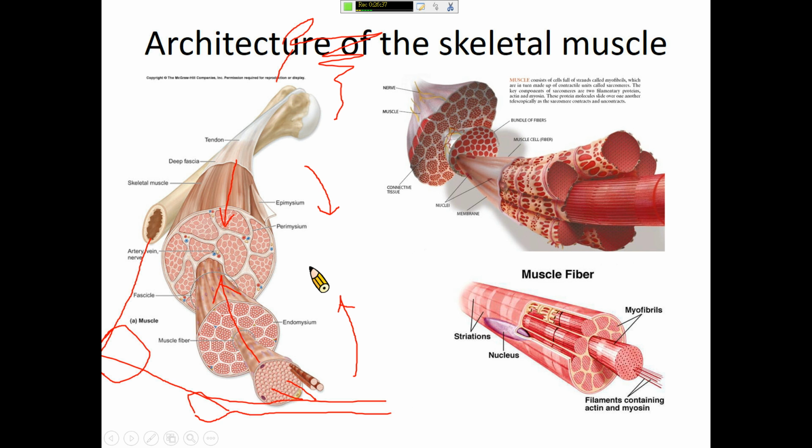And when it gets smaller, the total length will get shorter. That's one type of muscle contraction. You're actually moving, and the muscle length also changes.